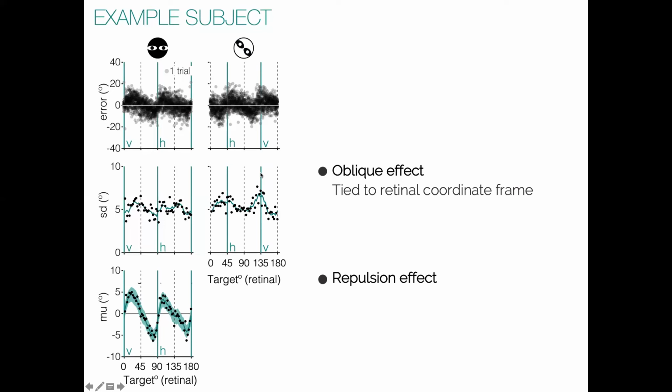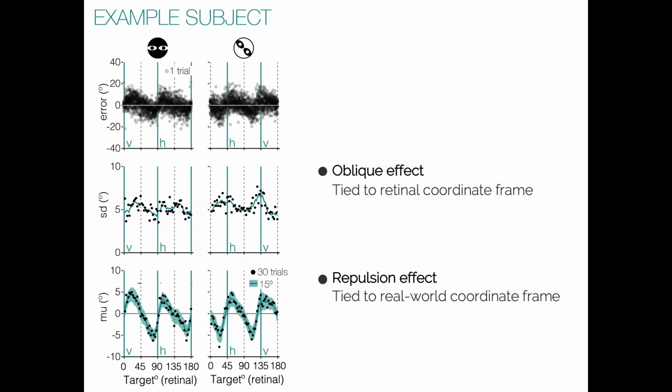But now, of course, I wouldn't be presenting you this data if this wasn't something super interesting, because once you look at the mean of subjects' responses, in this particular example subject, what you see is that this sawtooth is entirely shifted. It's shifted by 45 degrees. And now the repulsion is actually away from real world vertical and horizontal.